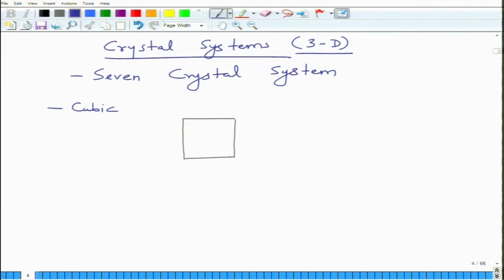Then we will discuss the origins behind these possibilities. In the cubic crystal system the lattice is based on the cubic arrangement of points in space. Every point will follow this kind of cubic arrangement such that you have a, b and c, a is equal to b is equal to c, and alpha is equal to beta is equal to gamma is equal to 90 degrees.